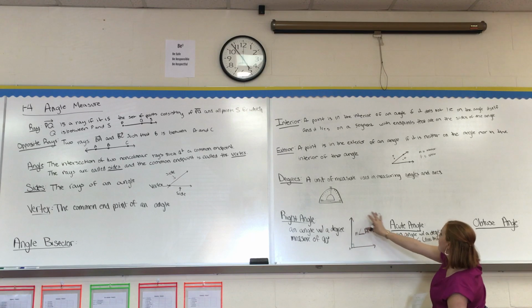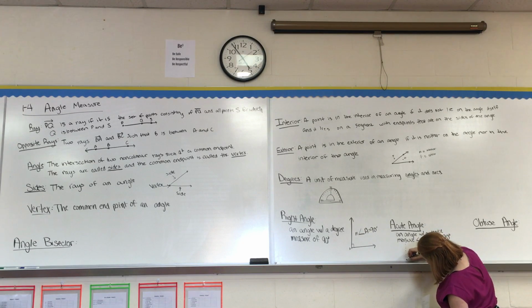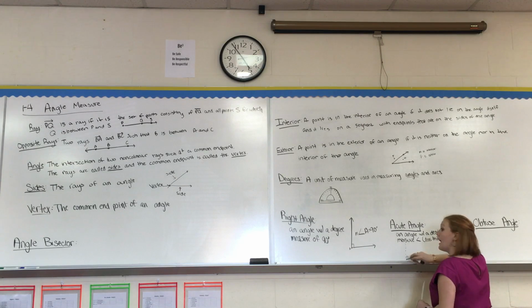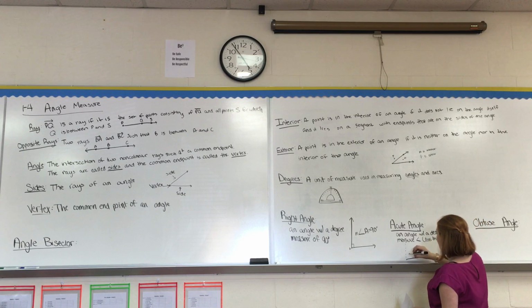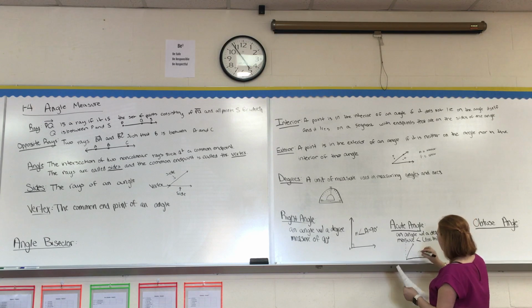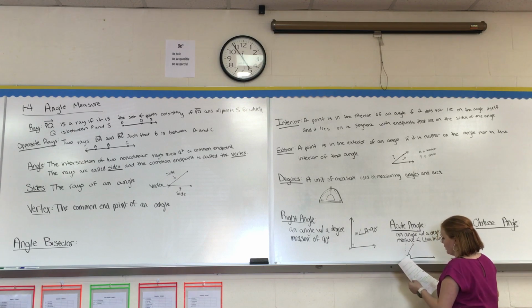So it's anywhere on this side of the 90. So let's draw our 90 so we can get a picture. And then we have our horizontal line going right there. Okay, and an acute angle is anywhere on the right side. So it's anywhere over here. If it's on this right side, we want it less than 90 degrees. We have our 90 degrees here. This is less than 90 degrees.